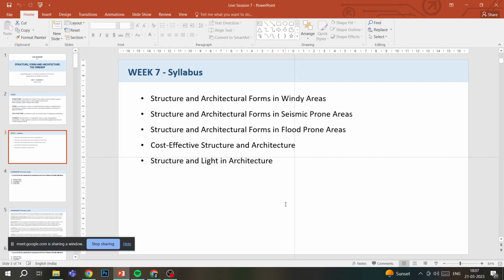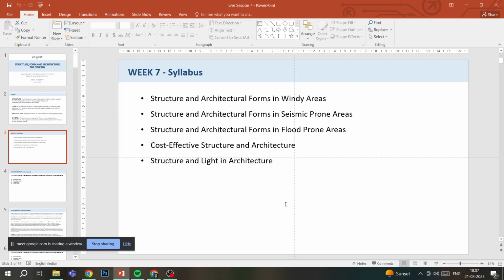Then how wind affects the building spacing, how tall buildings are affected, and all other aspects of wind were covered. And then different kinds of structures were discussed, how wind resistant structural forms can be made. And then we learned that a dome shape, a pyramid shape, an egg shape, a spiral wind shape, all these shapes are resistant to wind. So all these points were covered in this lecture.